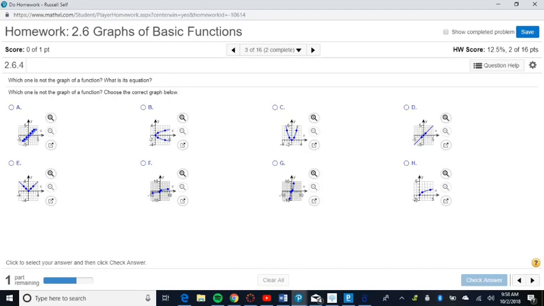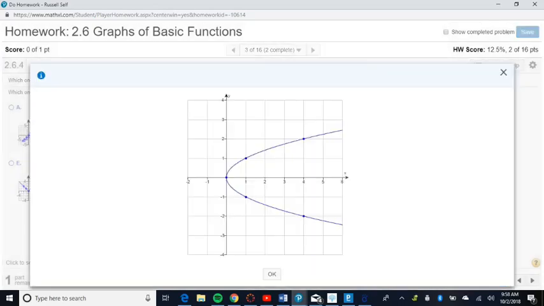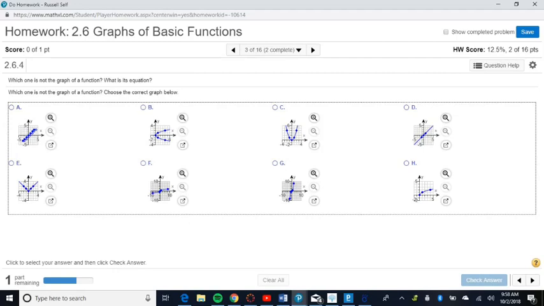But if you draw a vertical line through this one, it's clearly going to hit the graph more than one time. So it hits, for example, there and there if I'm drawing this vertical line. And that happens all over the place. It doesn't really matter. If you can do it once, then it's not a function. Make sure that you're checking them all, but if you look at the rest of them, none of the others do that, so clearly there's your function.